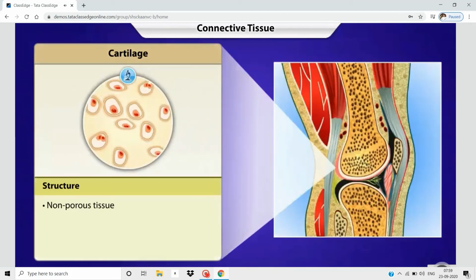Cartilage is a non-porous tissue composed of thickened intercellular matrix. It is found in many areas, such as joints, between bones, the ear, the nose, the walls of trachea and larynx. Cartilage smoothens the bone surfaces at joints.